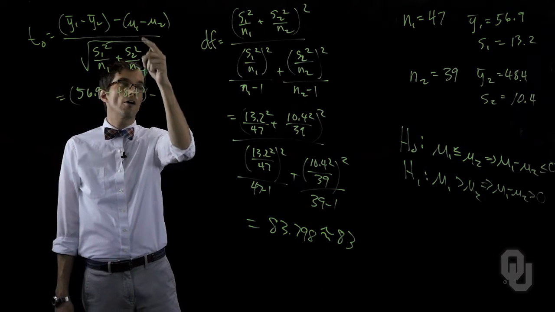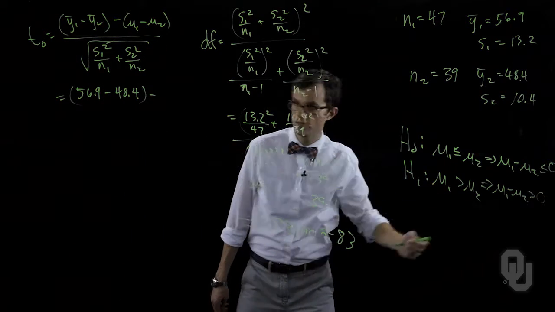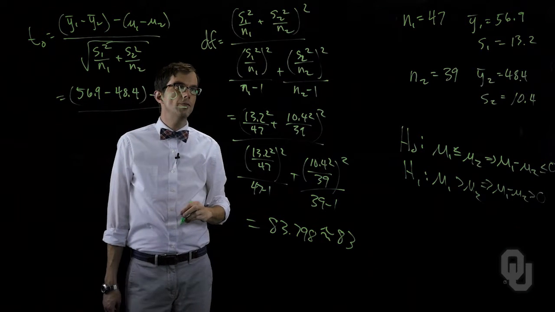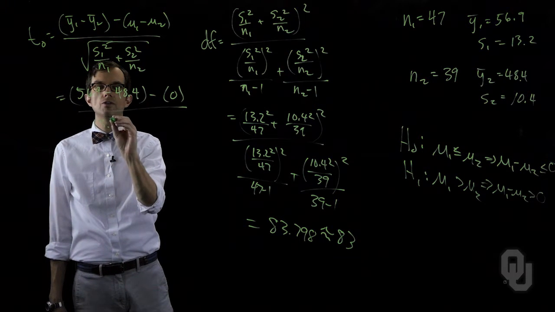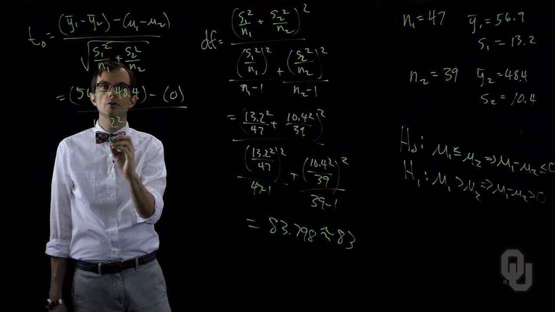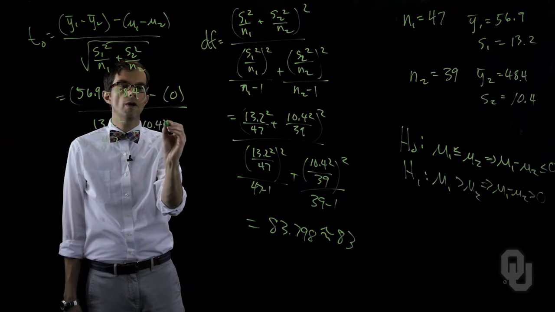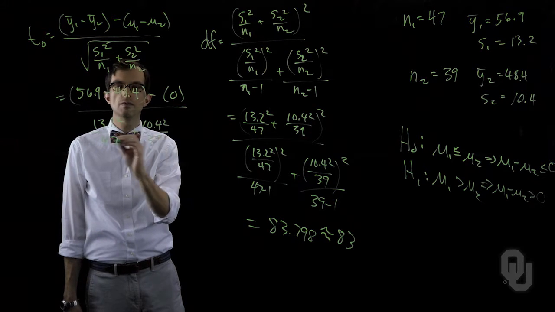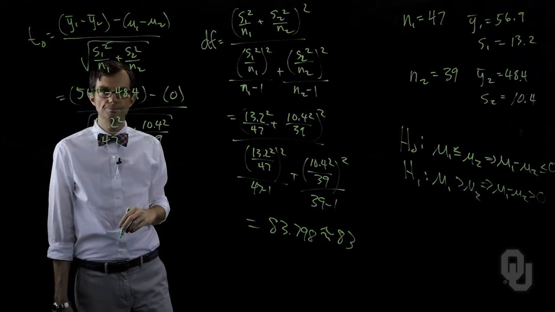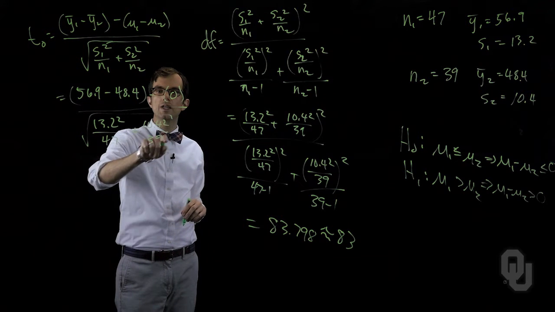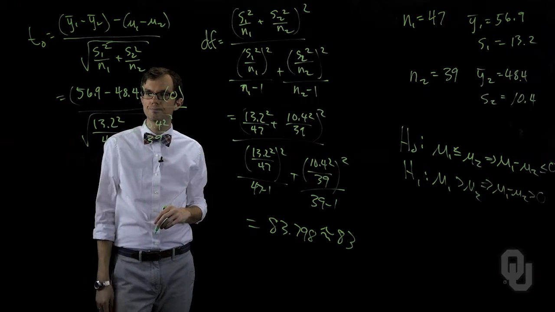We subtract off the difference, 0. We divide by the square root of 13.2 squared over 47 plus 10.4 squared divided by 39.